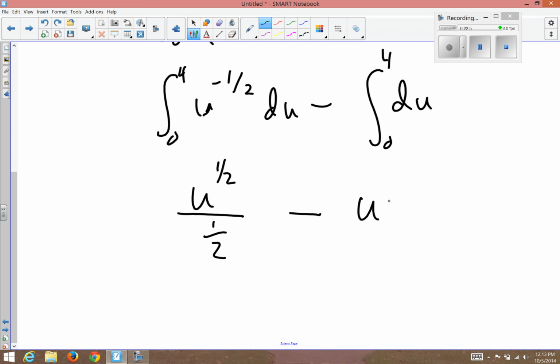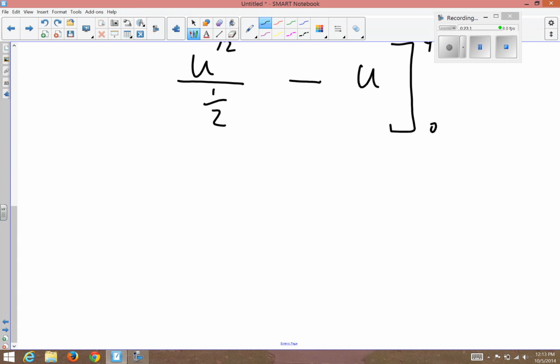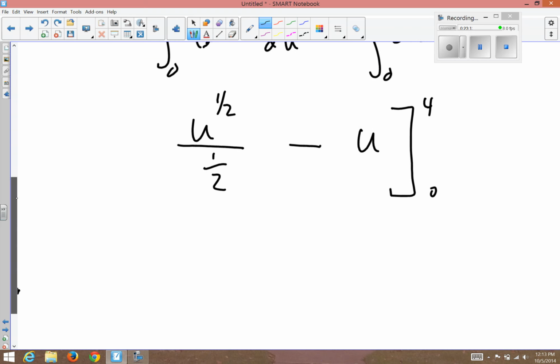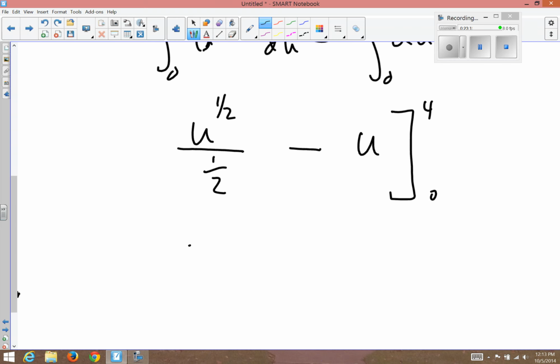Put one bracket attached to this whole thing. You don't need to do these separately. I'm going to replace all the u's with 4 and replace all the u's with 0, with the subtraction between. Before doing that, you should notice that u to the 1/2 over 1/2 is the same as 2 radical u.